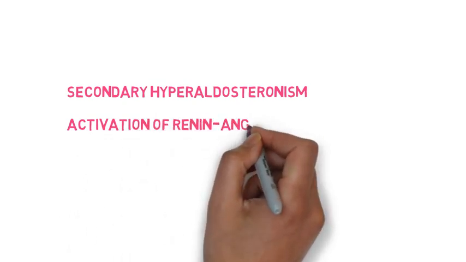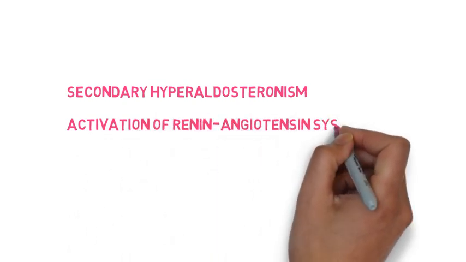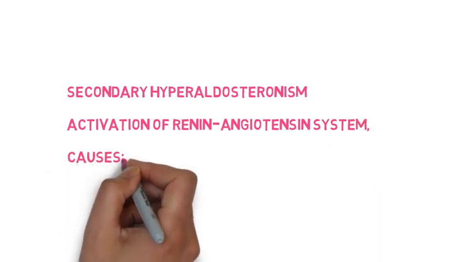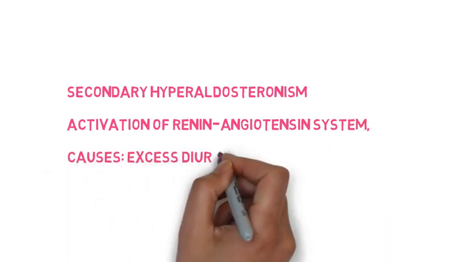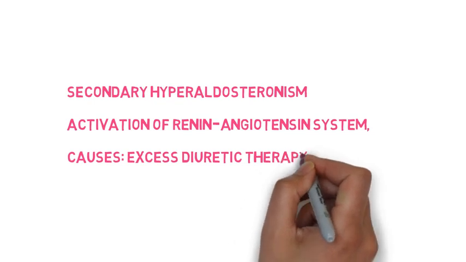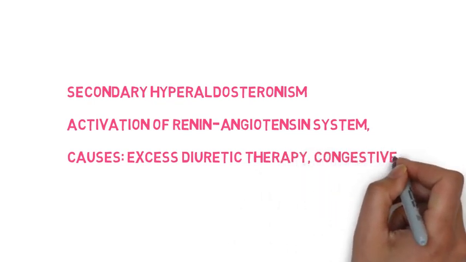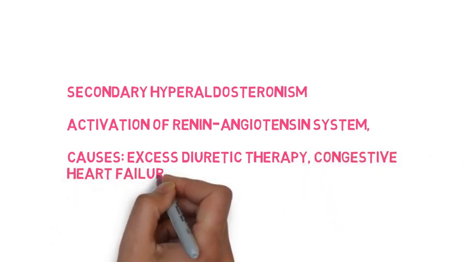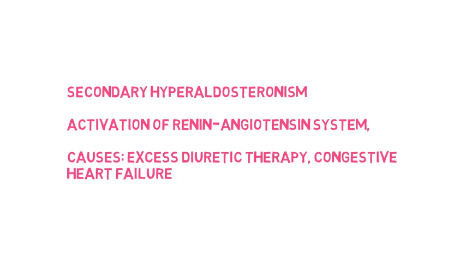So also you can have secondary hyperaldosteronism, and this is more to do with the renin-angiotensin system, not like the primary hyperaldosteronism. So secondary would be caused by things not to do with the adrenal gland, like excess antidiuretic hormone or congestive heart failure.